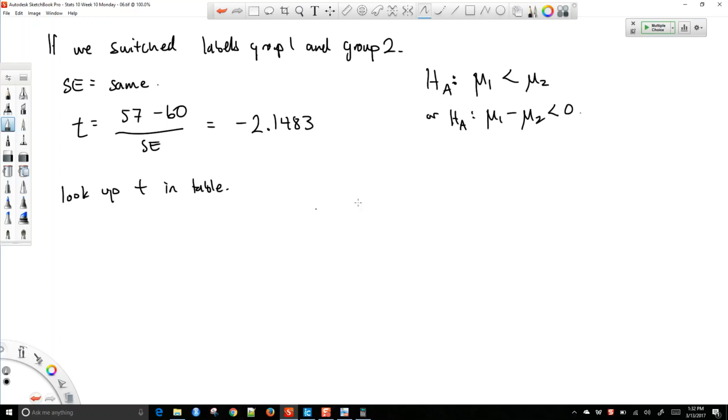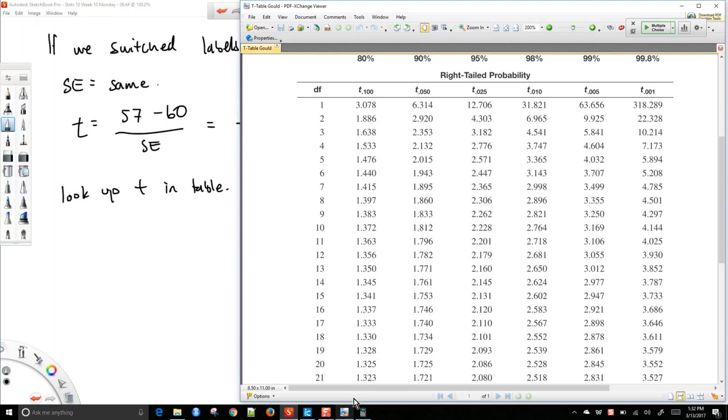we change the top to left tail probability. We're looking up negative values, so we have the left tail probability, and we look at the same values. Instead of right tail, we now have left tail probability. We still get our left tail is between 0.025 and 0.01.